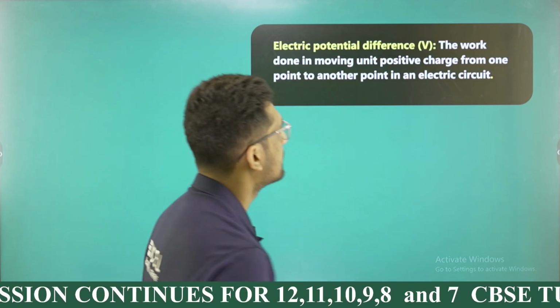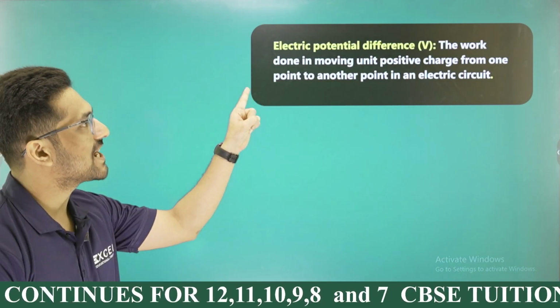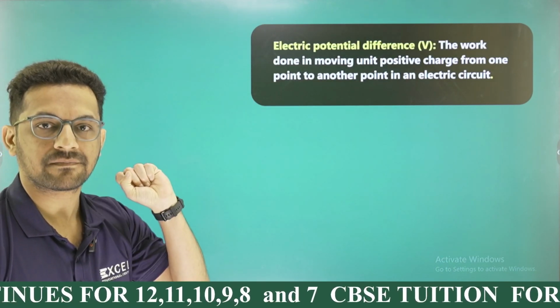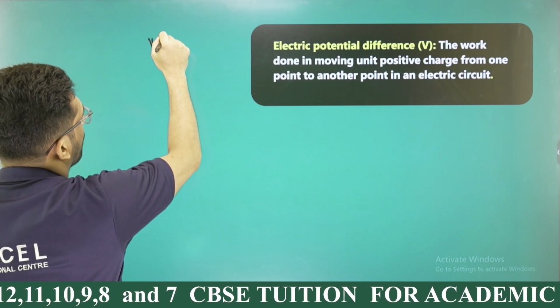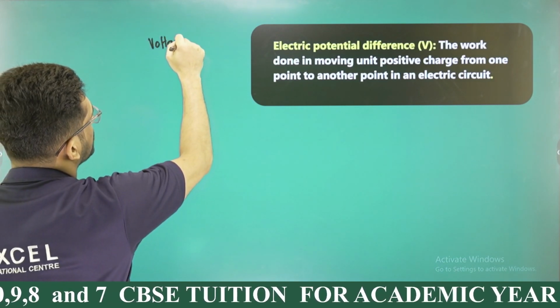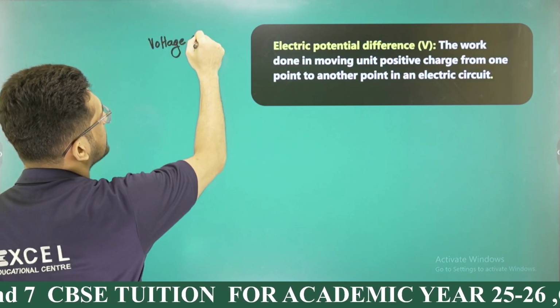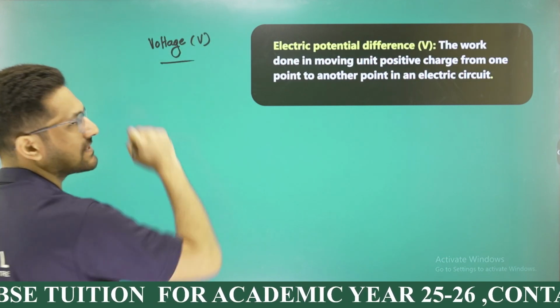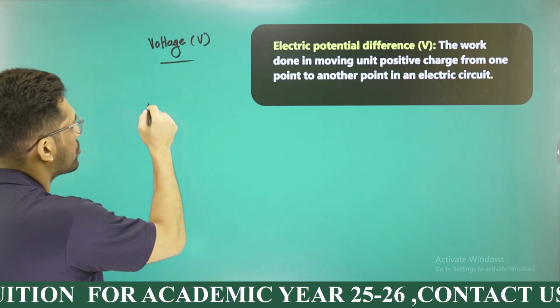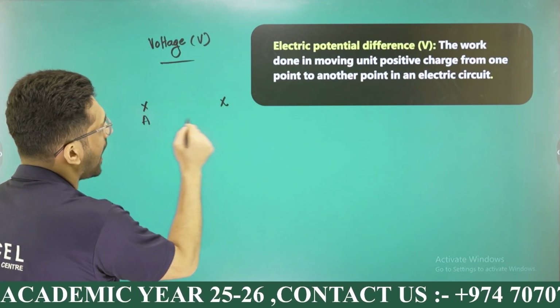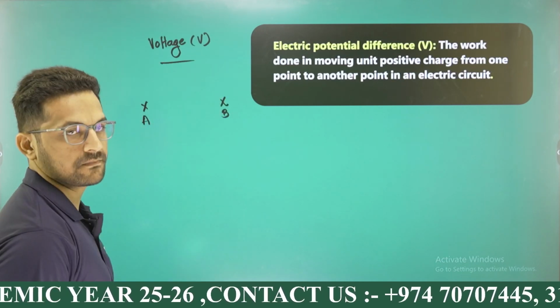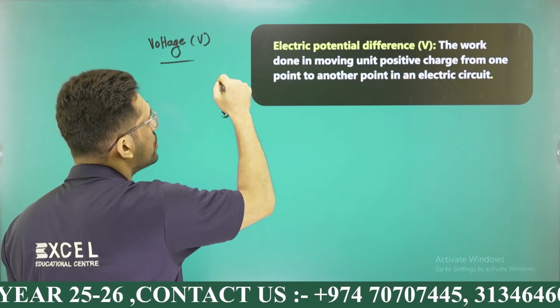Let's see the second topic. That is electric potential difference. It has another name, voltage. Electric potential difference is voltage itself. What is that? I'm going to show you. These two are 2 points, A and B. You have a unit charge.